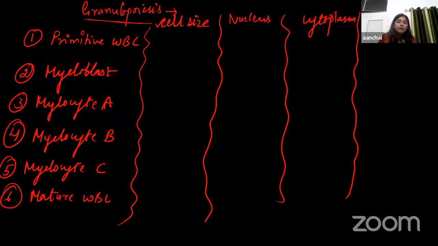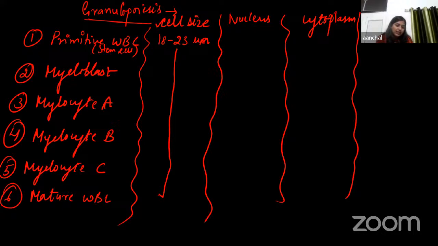Talking about the size of the cell, as we know, the size of the stem cell or the mother cell is always larger, and as the cell matures, the size will decrease. The size of the primitive WBC is 18 to 23 μm, and as the cell gets mature, the size will decrease. The size of the mature WBC ranges between 8 to 10 μm, right?